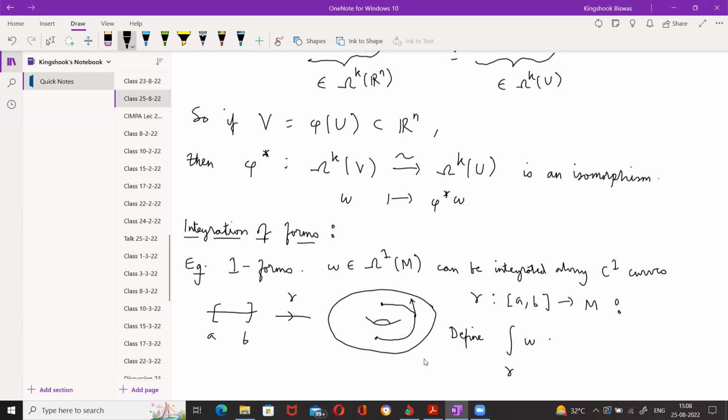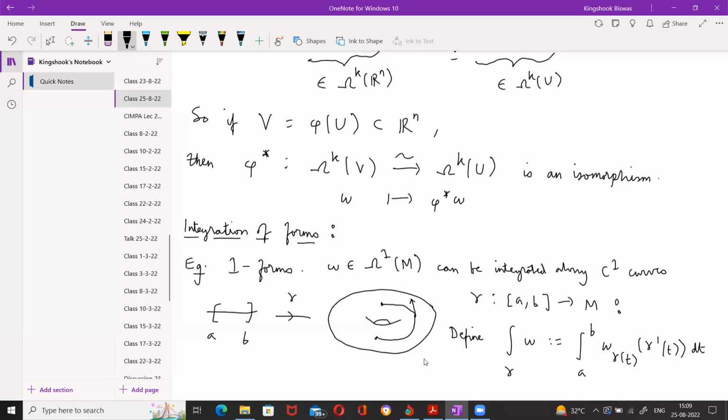You define this to be the integral from a to b of the function omega at the point gamma t applied to the tangent vector gamma prime t dt. Does this make sense?